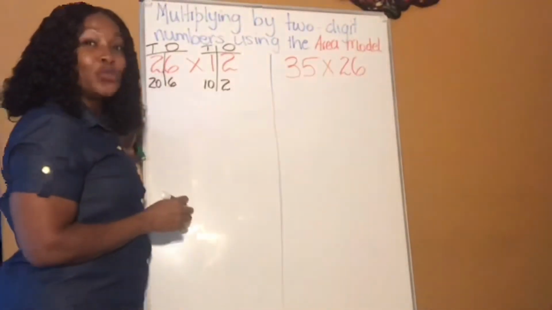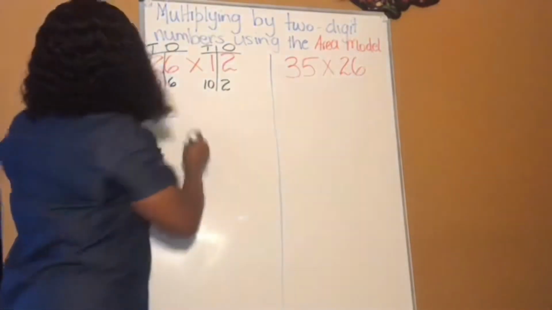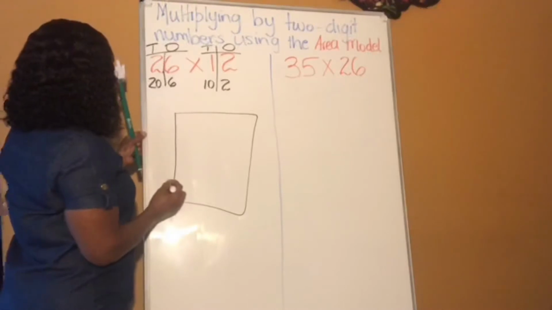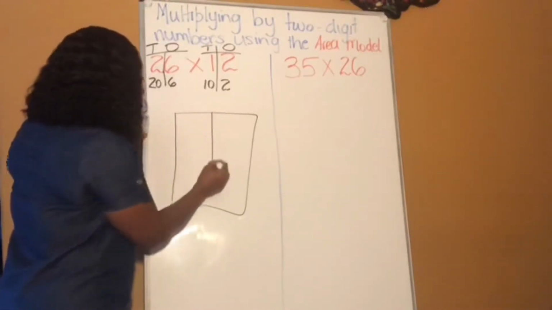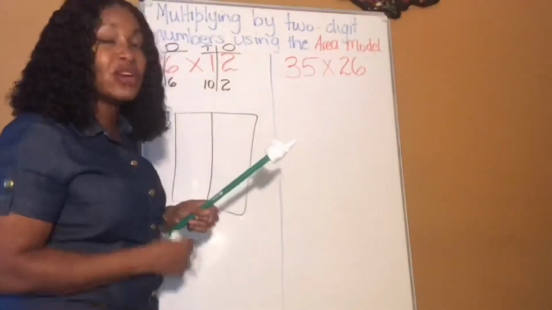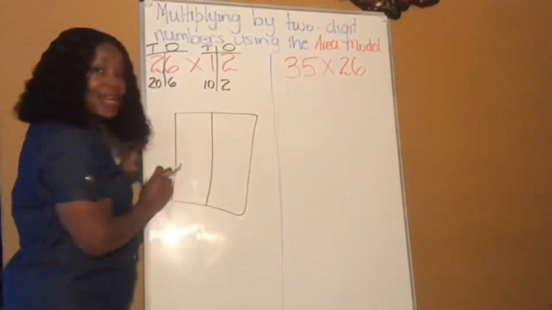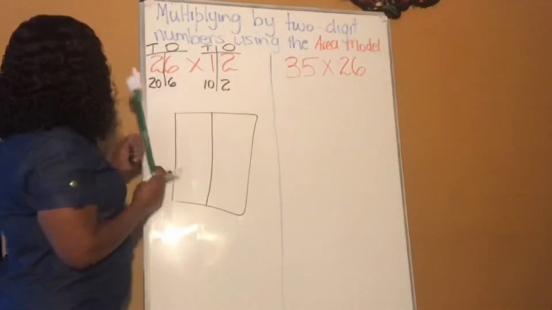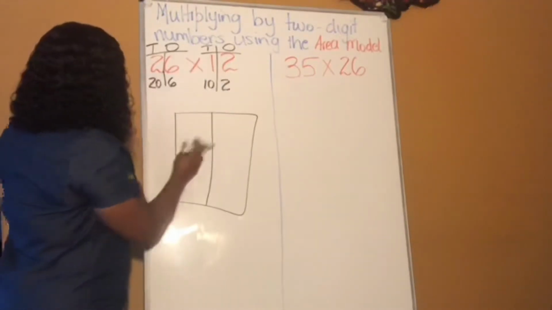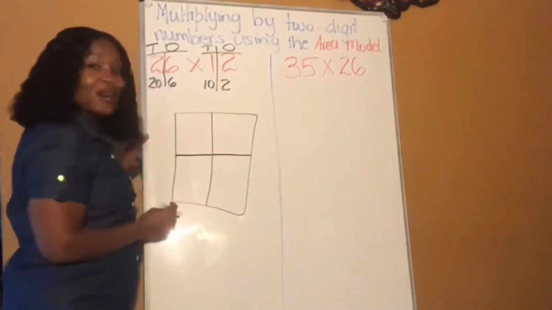Now, we have to draw our area model. The last time when we were looking at the area model, we would draw our box and split it down the middle like this because we were multiplying two-digit or three-digit numbers by a single digit, so we weren't splitting it sideways. However, because it's two digits here and two digits here, we're splitting it down the middle and we're also splitting it across.